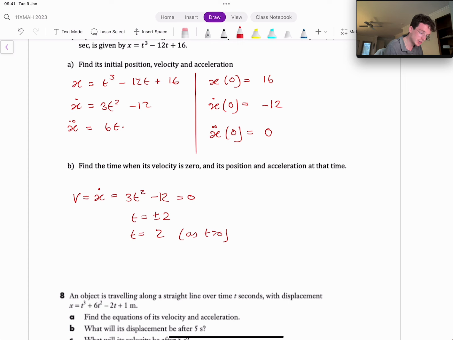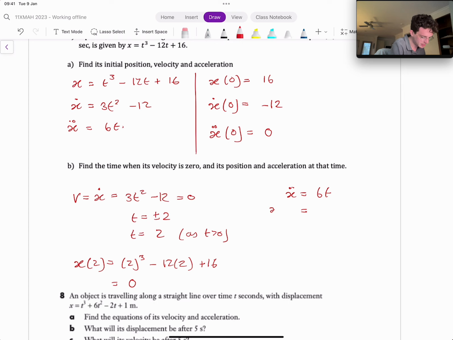So find its position and acceleration at that time. So we're looking at x of 2, which is 2 cubed minus 12 times 2 plus 16, which is 0. So its displacement is 0 at that point. And acceleration, x double dot, we know that's equal to 6t.